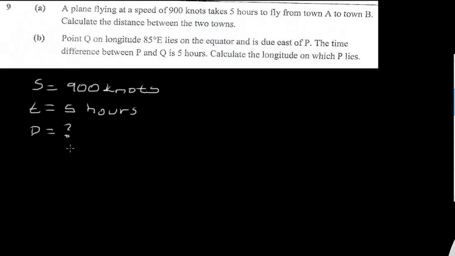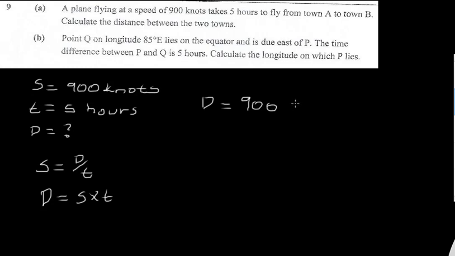So from your grade 8, from your grade 7, I believe you remember to say speed equals distance over time. And in this case, we're looking for distance. This is a very easy question. So you would have to say distance equals speed times time, right? So in this case, we would have our distance being equal to, what is our speed? Our speed is 900 knots.